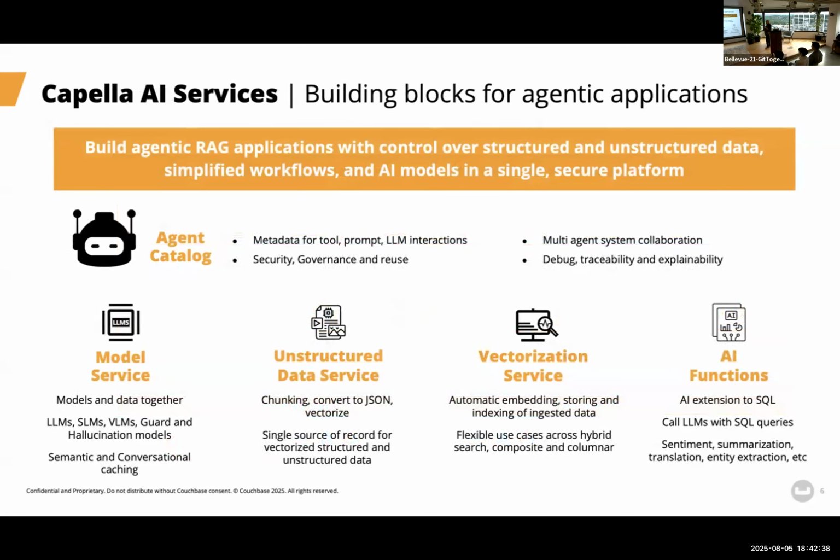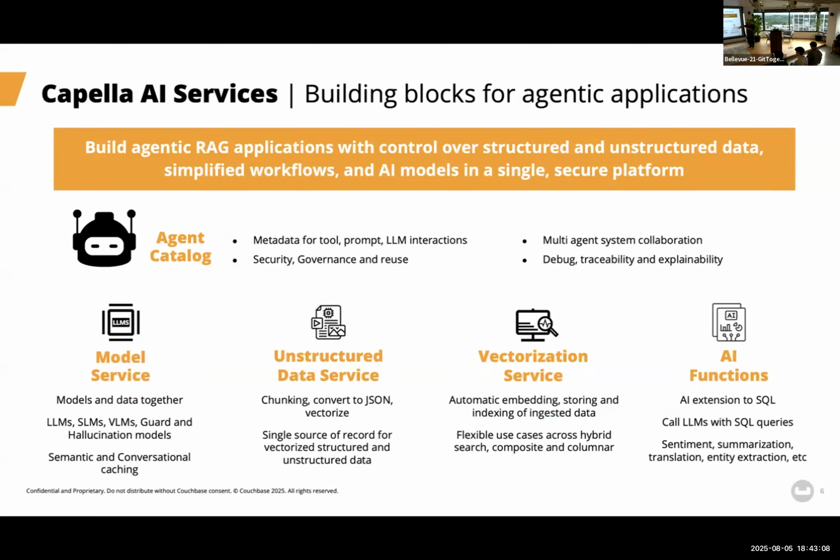So Capella AI Services ties on to this notion of creating multiple different data access patterns and bringing them into the same platform, to make it easier for you practitioners, you developers, to create your multi-agentic applications. These new services are designed to help developers prepare data for and use data with AI and agentic applications.